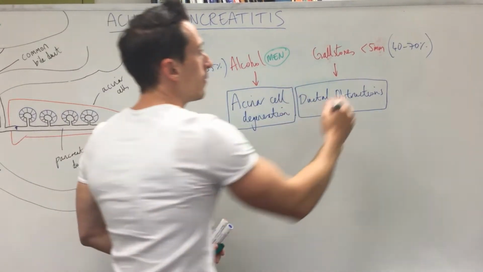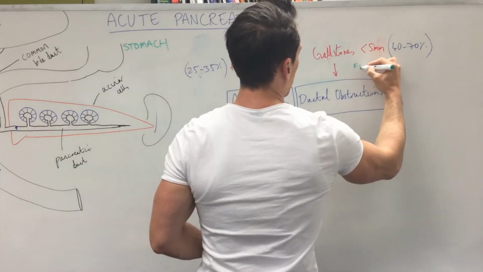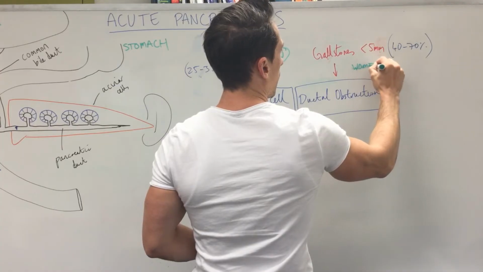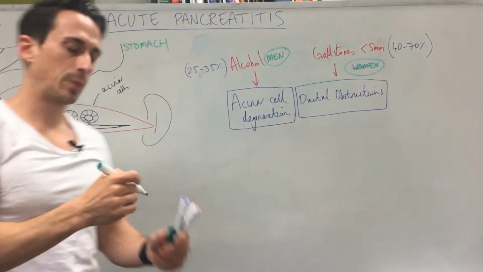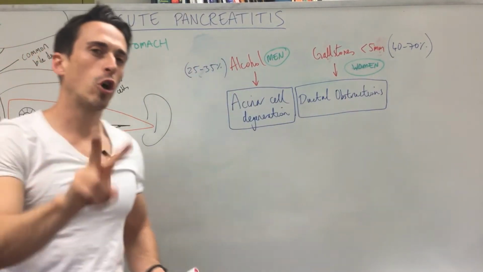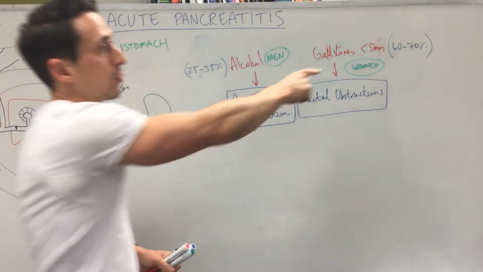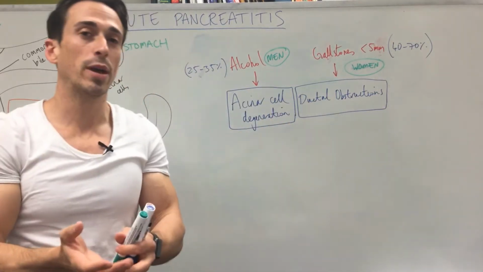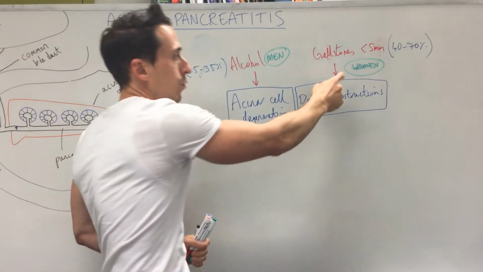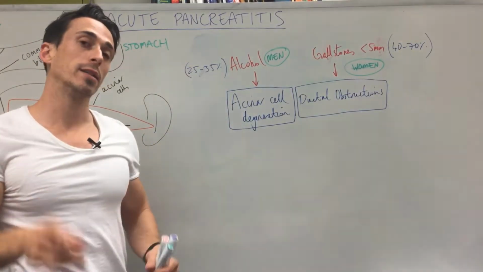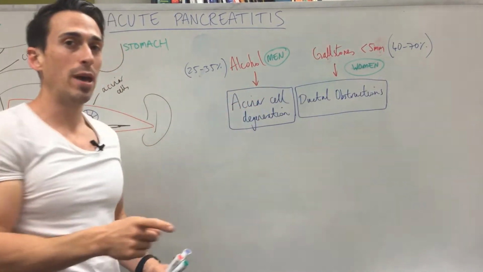Most common cause for females or women, gallstones. Okay? So again, two most common causes of acute pancreatitis, gallstones, between 40 and 70% of all acute pancreatitis cases, but the most common cause for women, and alcohol, between 25 and 35% of all cases, but also the most common cause for men.